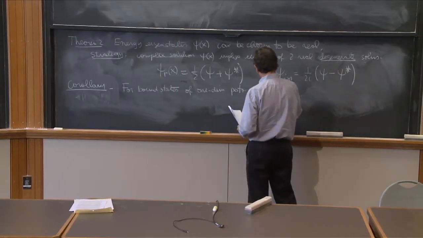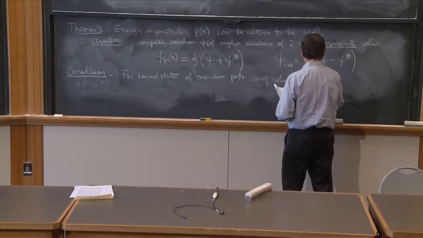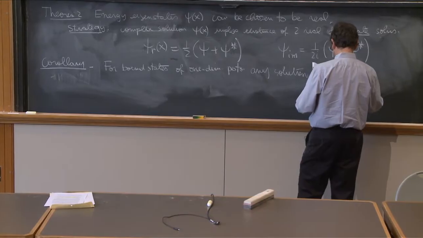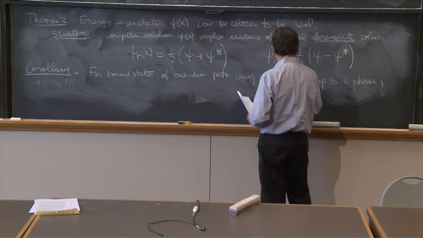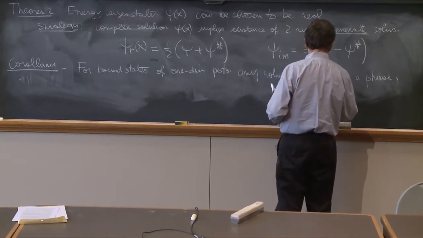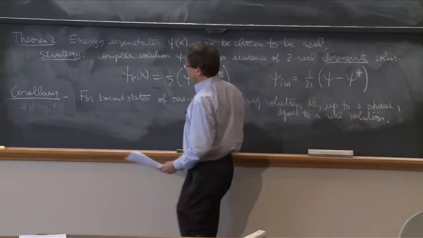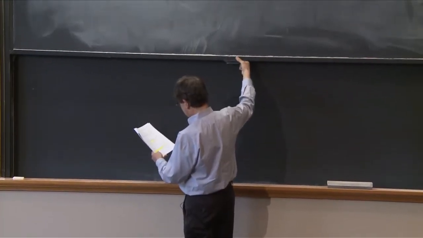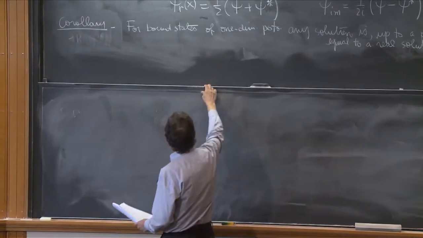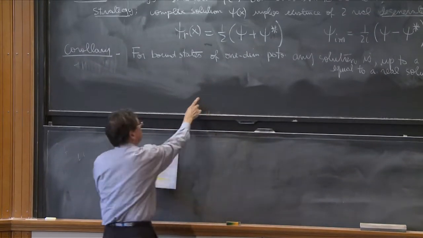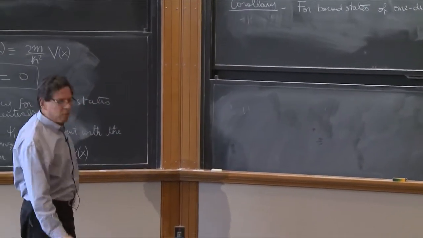Any solution is up to a phase equal to a real solution. So how does that go? Maybe you can use more of this blackboard. Why would any solution be up to a phase equal to a real solution?